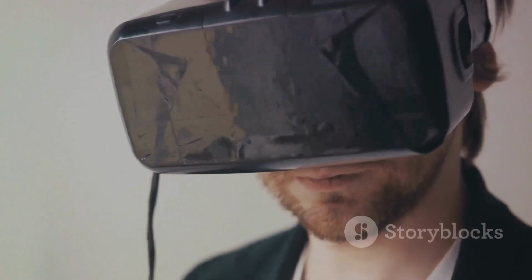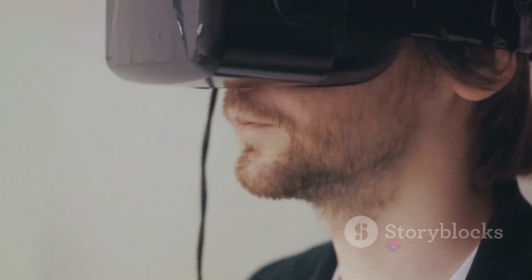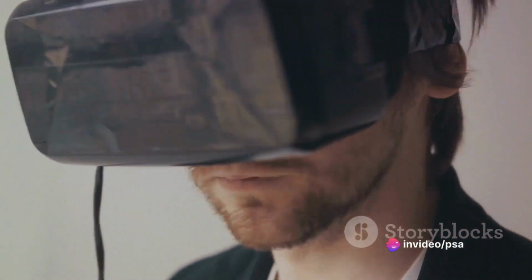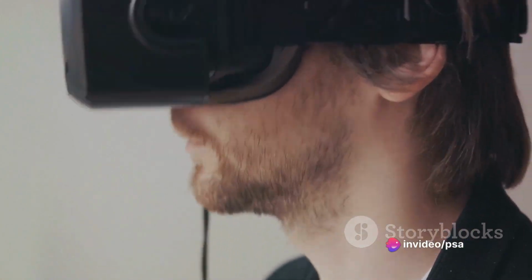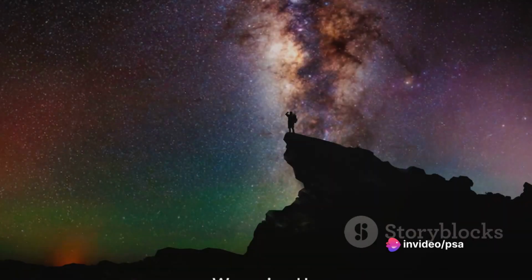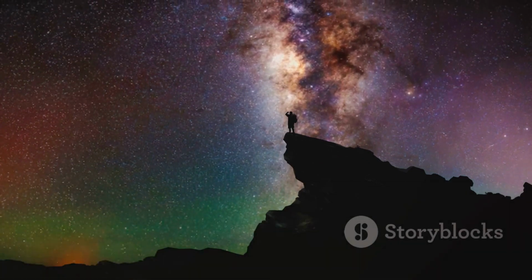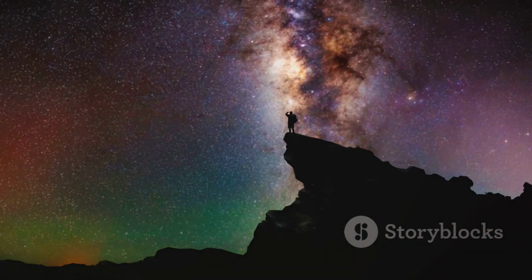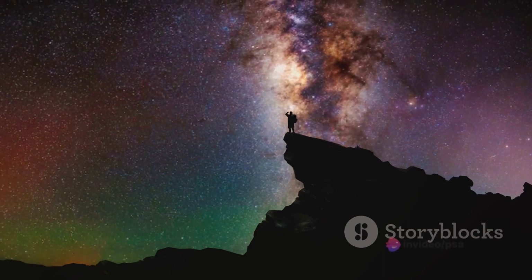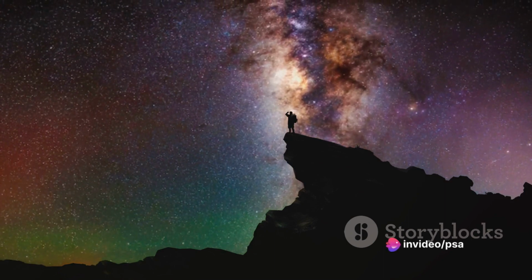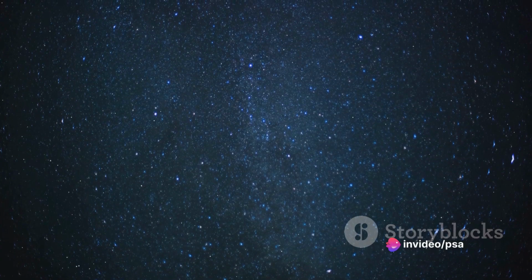This alignment of our perception with the now is what allows us to navigate and interact with the world in real time, making each moment truly ours to experience. So next time you look at the stars, remember you're not just looking at distant celestial bodies, but also gazing into the past.